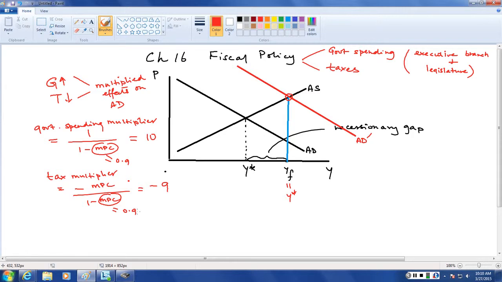Conversely, if the government were to lower taxes by $1, aggregate demand would rise by $9. So this is what our theory in chapter 14 told us. Is that correct? So all of this came out of chapter 14.